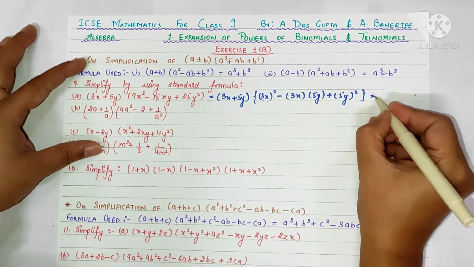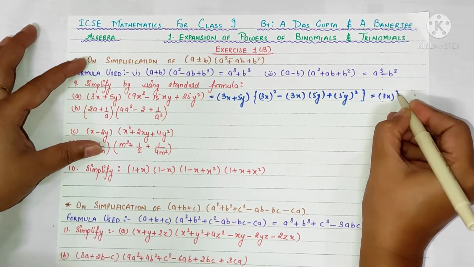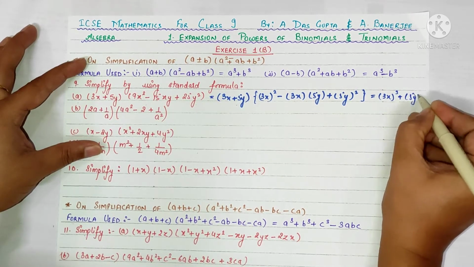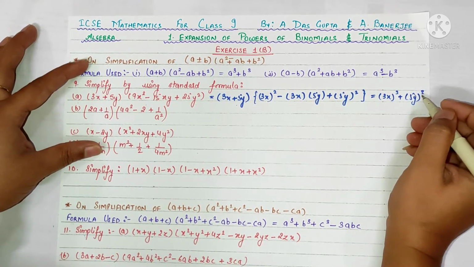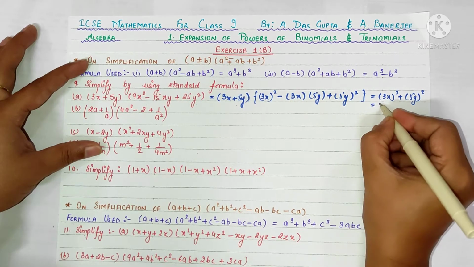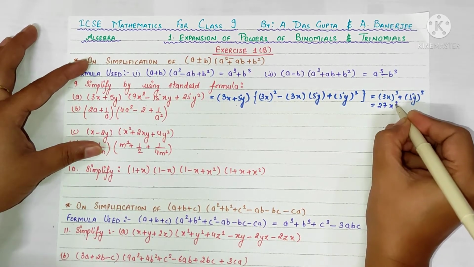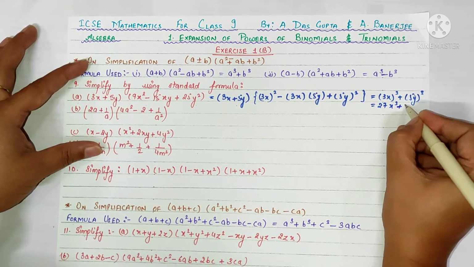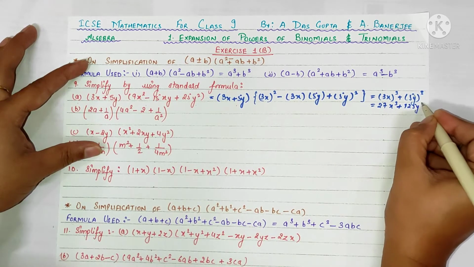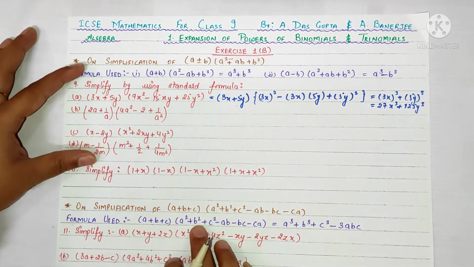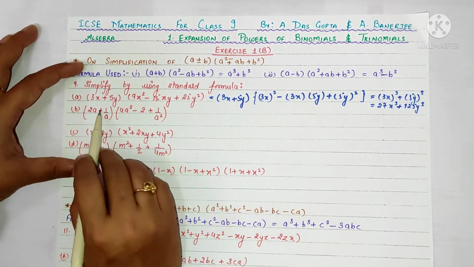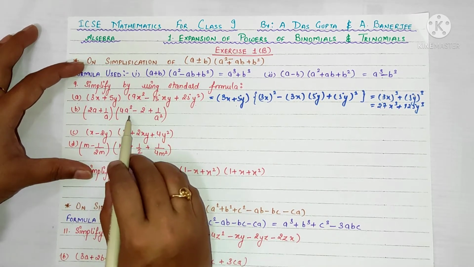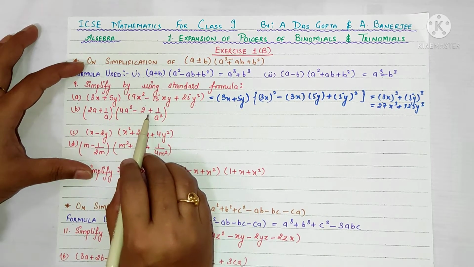So we can write this as (3x) whole cube plus (5y) whole cube. So in all solving this we'll get 27x cube plus 125y cube.